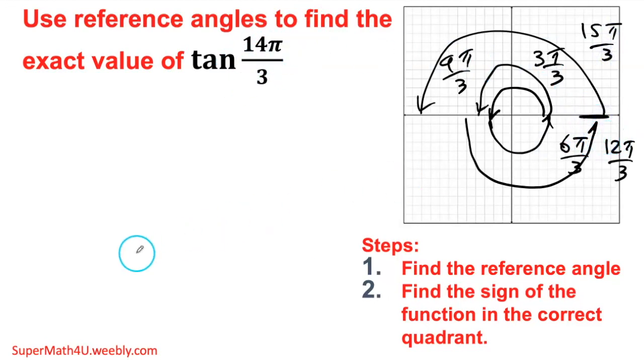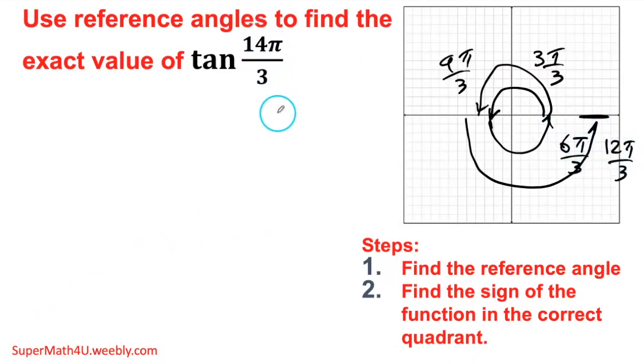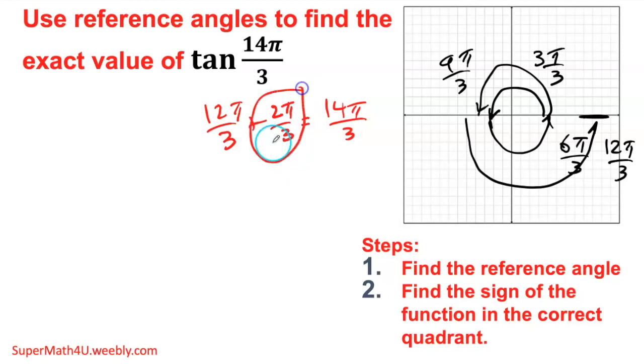And I'm here at 12 pi over 3. Now to get from 12 pi over 3 to 14 pi over 3, I need to add 2 pi over 3, right? So this will be 2 pi over 3, which is something like this. So my reference angle is 2 pi over 3.